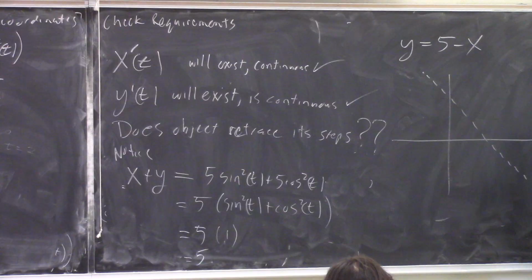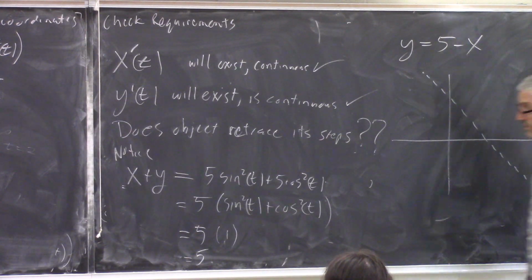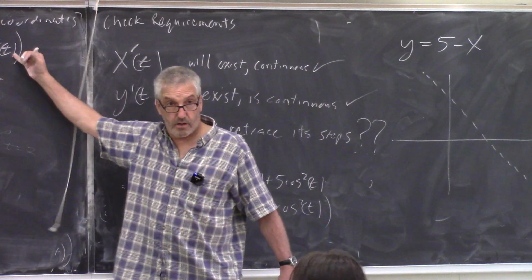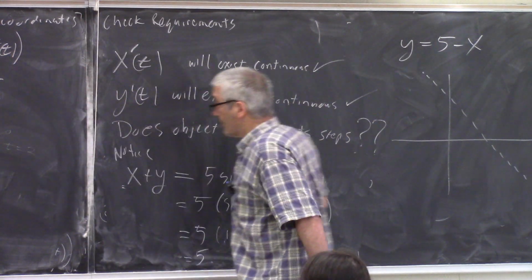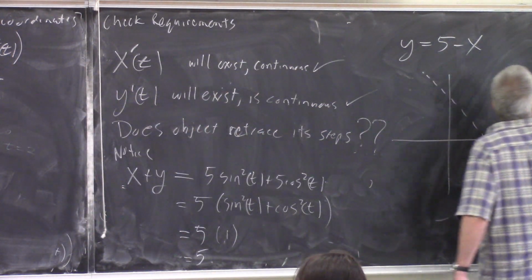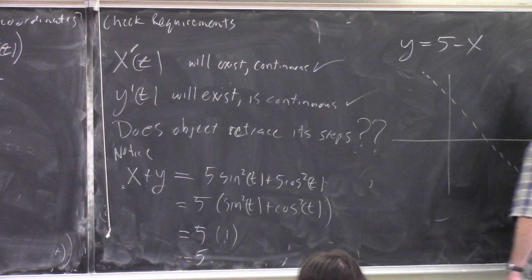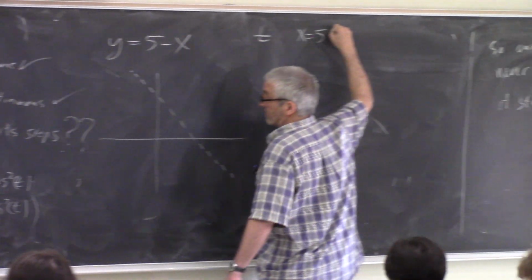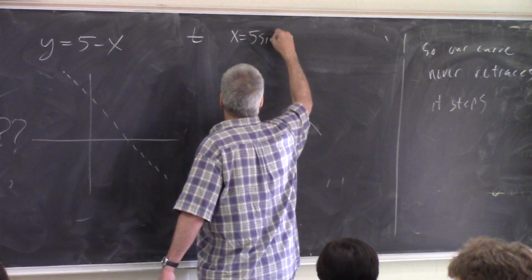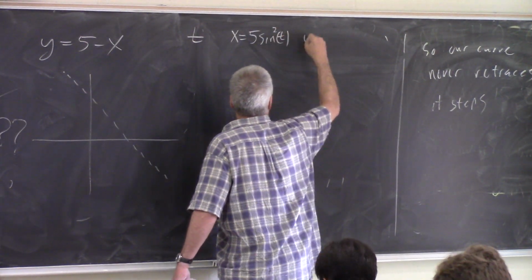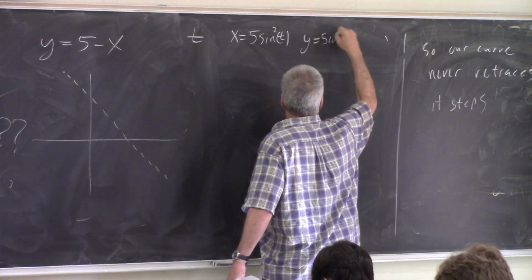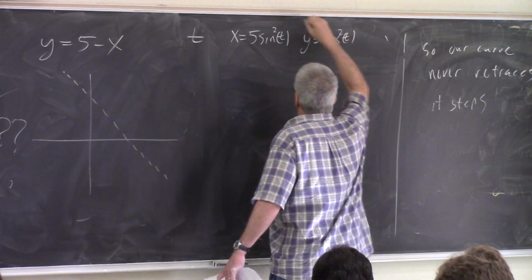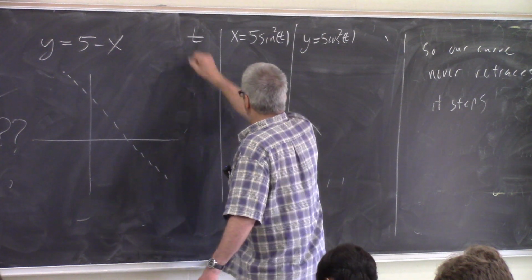Seems like it never retraces its steps, right? But wait a minute, does it? These things are periodic. So we better figure out what's going on here. What's the first interesting time we should think about? Zero.